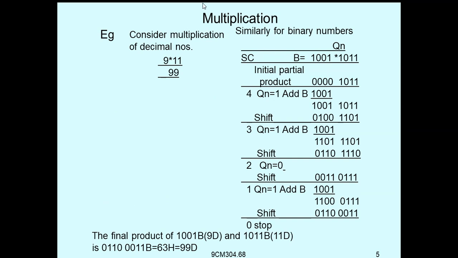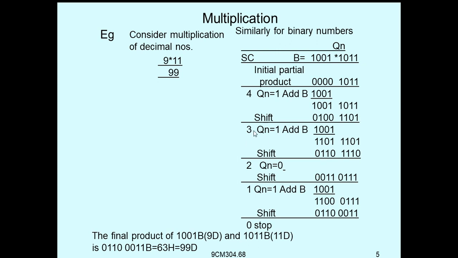So the initial partial product is like that, and this is the Qn value, 1011. If Qn is equal to 1, we perform the addition of A plus B and then shift the result towards the right.